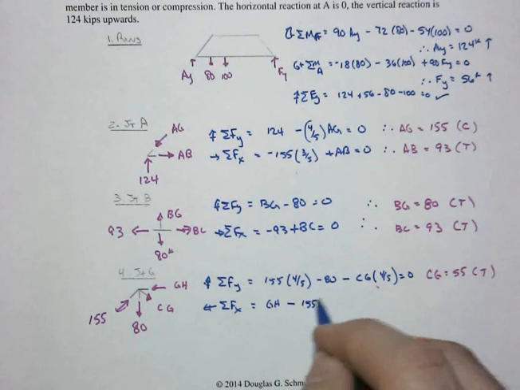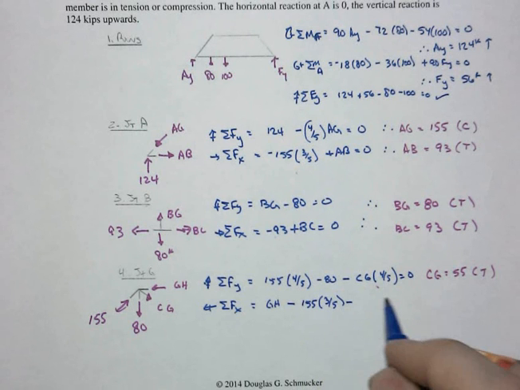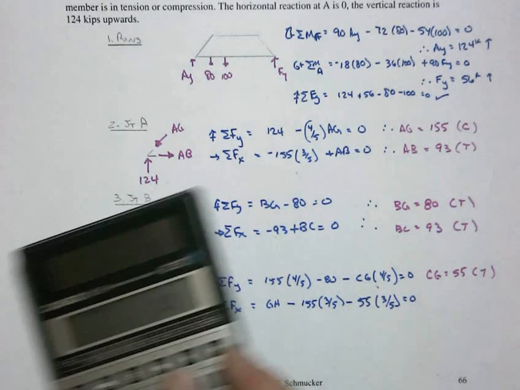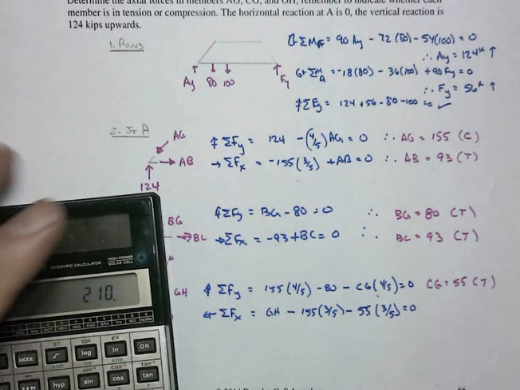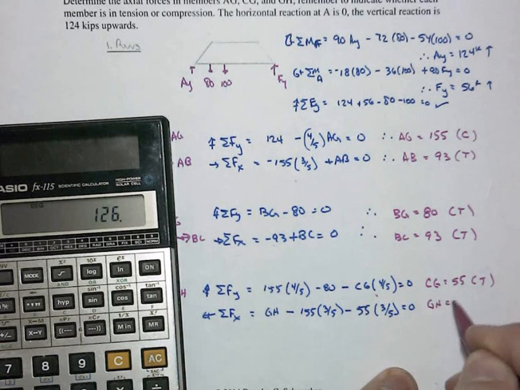So we'll have a net of 210 times 0.6 for that fractional value, and we find out that GH equals 126 in compression.